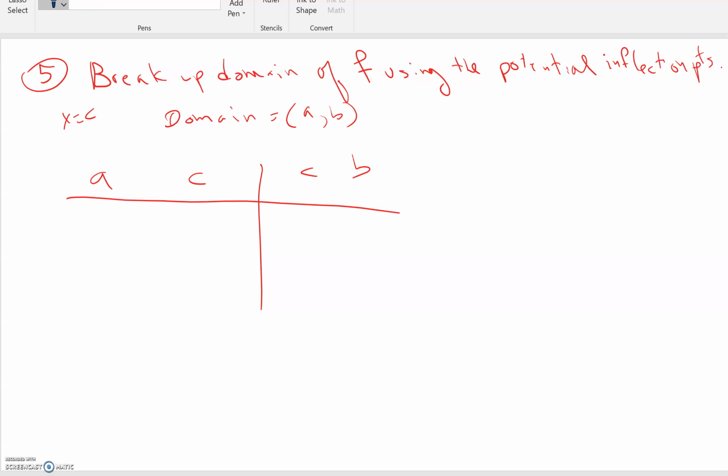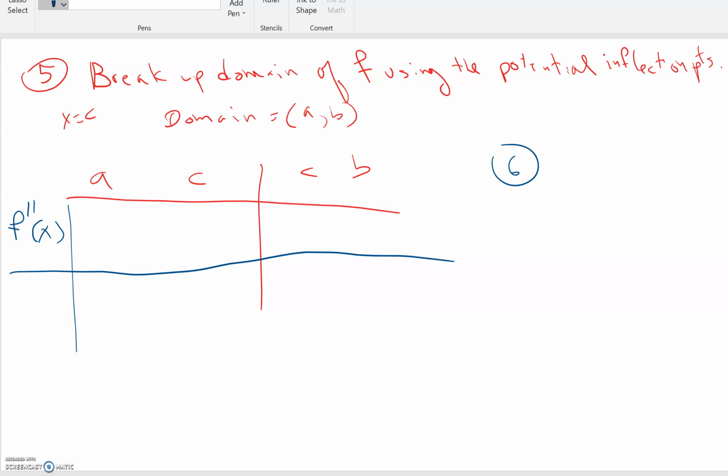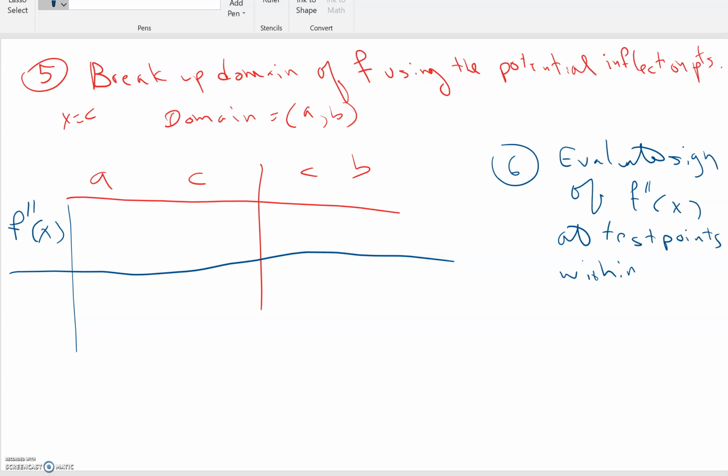And then just like we did before for the first derivative, now we're going to look at the sign of the second derivative. So this is step number 6. We're going to evaluate the sign of f double prime of x at test points within each subinterval.